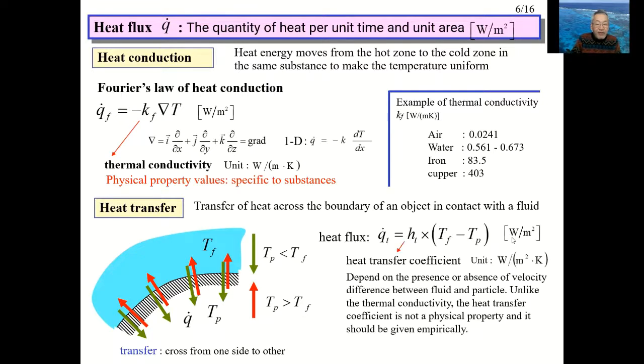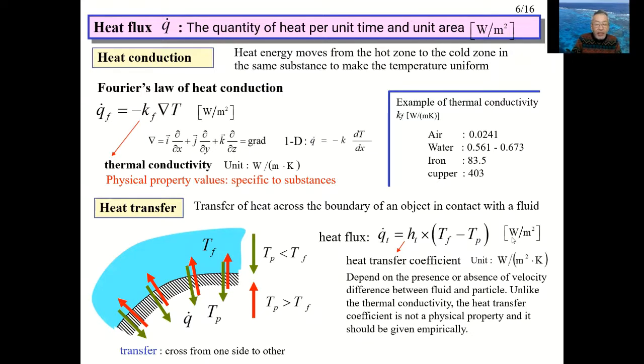The heat flux Qt dot due to transfer is said to be proportional to the heat transfer coefficient Ht and temperature difference between fluid temperature Tf and particle temperature Tp. The direction of heat transfer is determined by the relationship between temperature Tf and Tp.